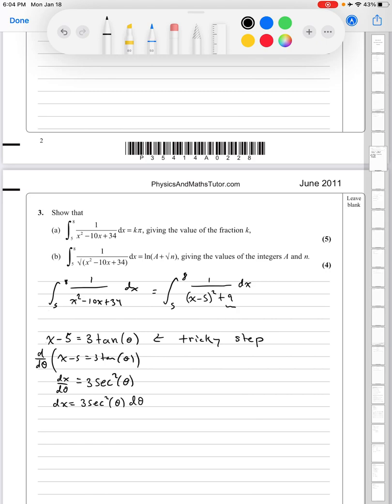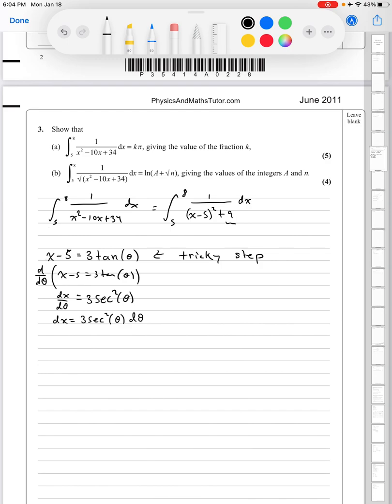So now we actually have to plug this into our integral. I'll ignore the limits for a second. Our integral is 1 over x minus 5, which we called 3 tan of theta, so we have 3 tan of theta all squared plus 9. And then our dx is 3 secant squared d theta.